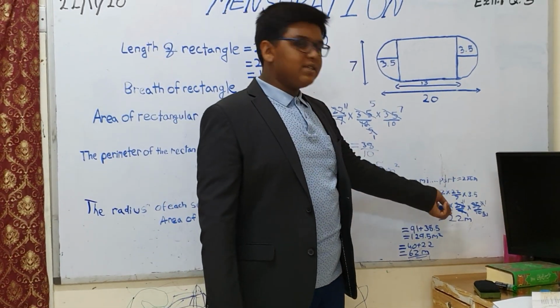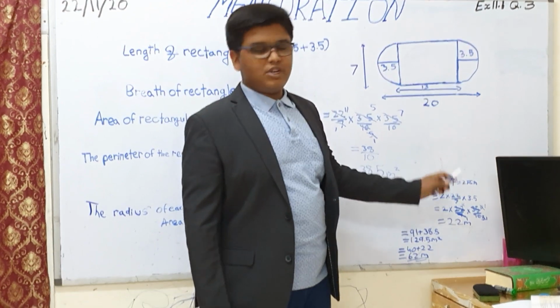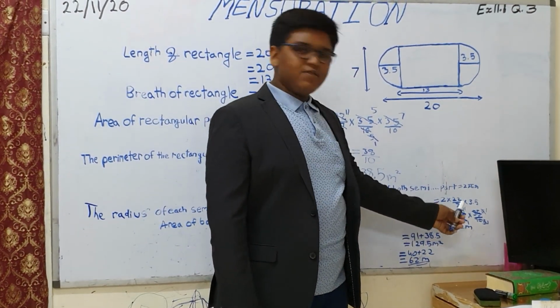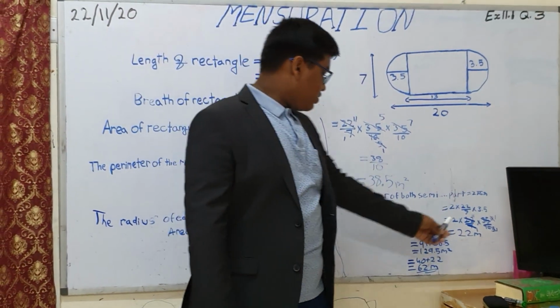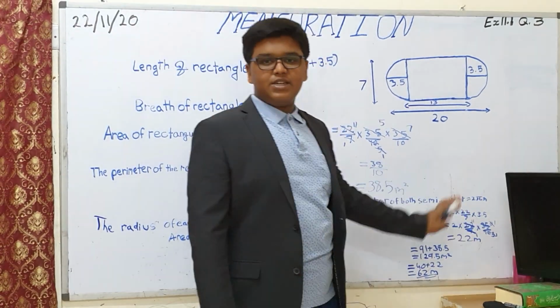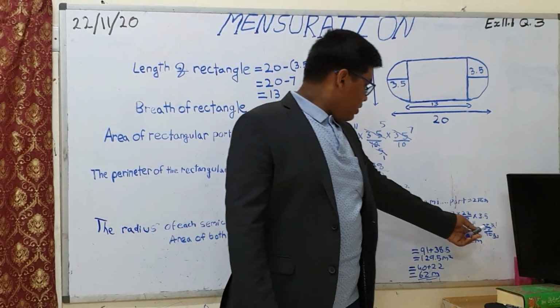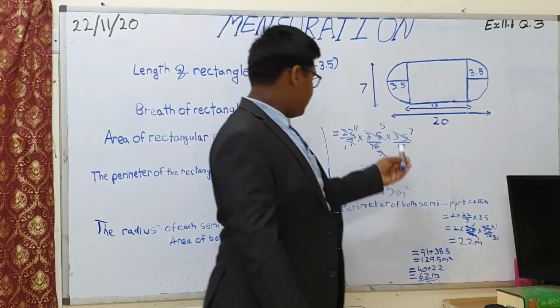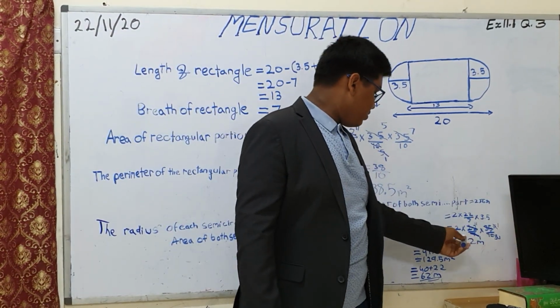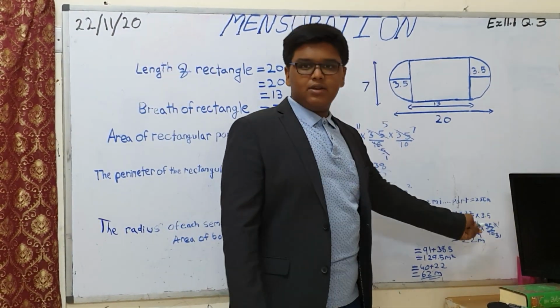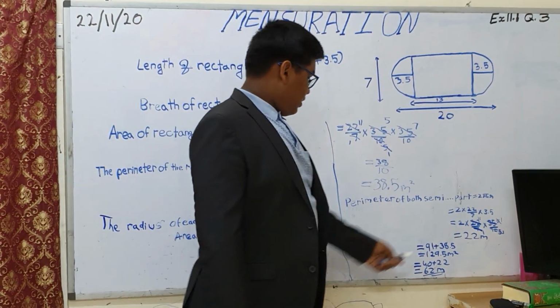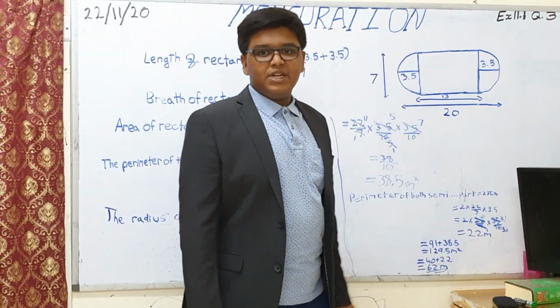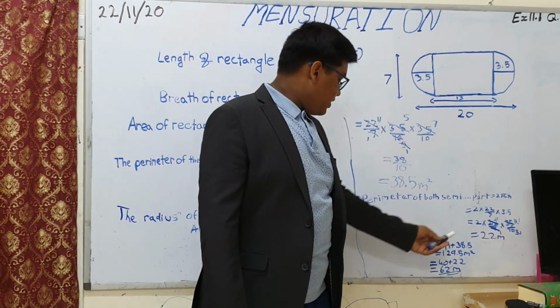Now 2 will be cut and 22 will convert into 11, and 7 will be converted into 1, because this 35 is cut. Now we cut this as we did here. We cut this 5 by 7 and this 10 by 2. Now we got 22 meters.